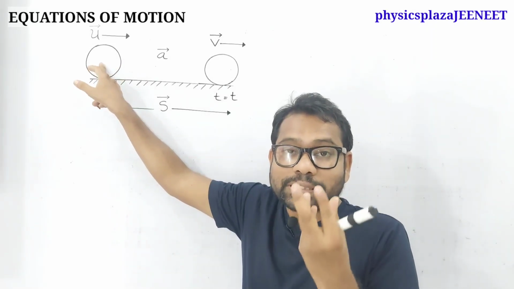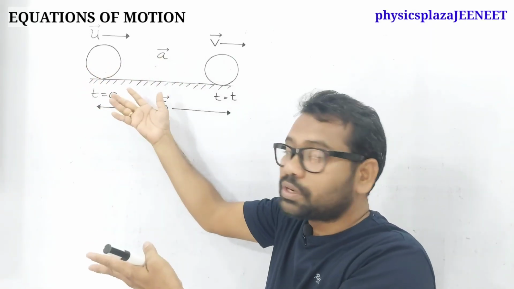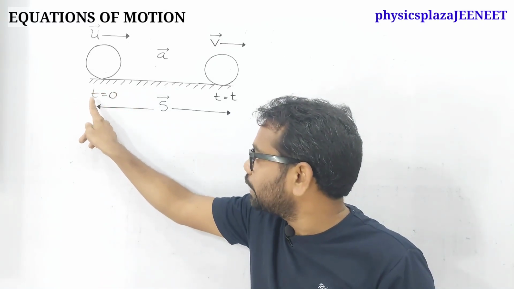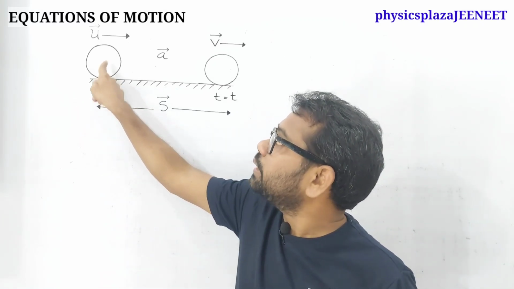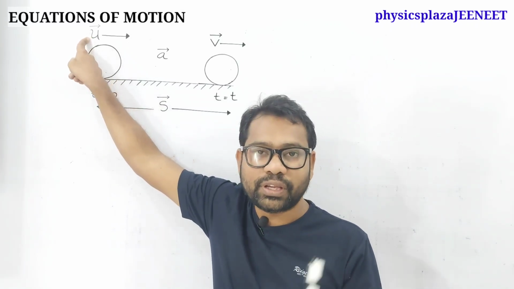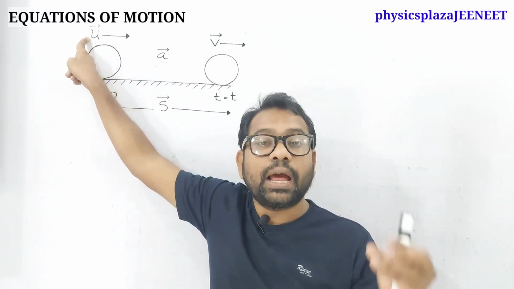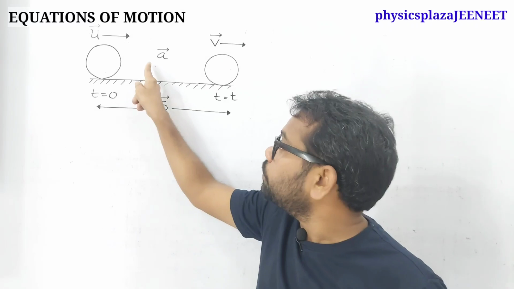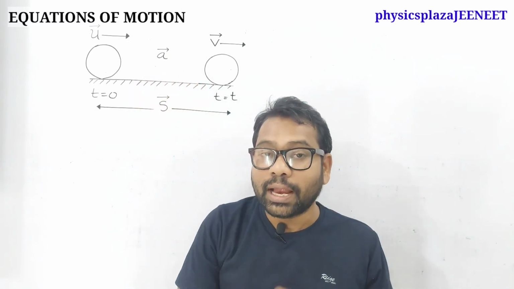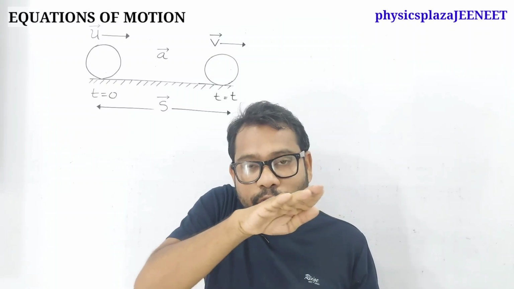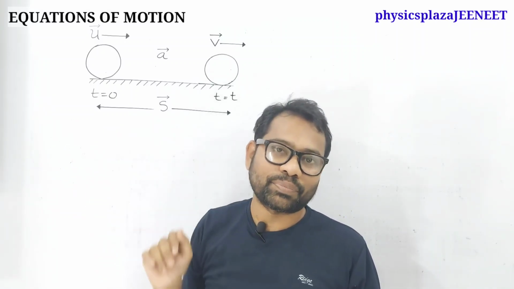At time equal to 0, the body has some initial velocity, let us say u. So u is the initial velocity and it is moving with uniform acceleration a.